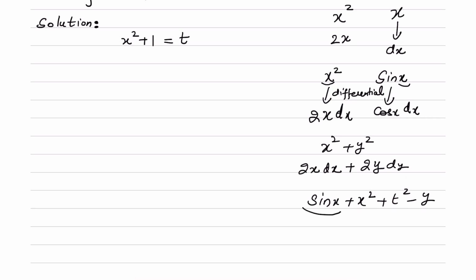Sine x derivative is cos x, and then x differential, which is dx, plus x square derivative by power rule is 2x, then inside you have the variable x, its differential is dx, plus first the derivative of t square by power rule, it is 2t, and then t differential is dt, minus derivative of y is 1, but then the differential of y is dy. So that's how you find the differential.